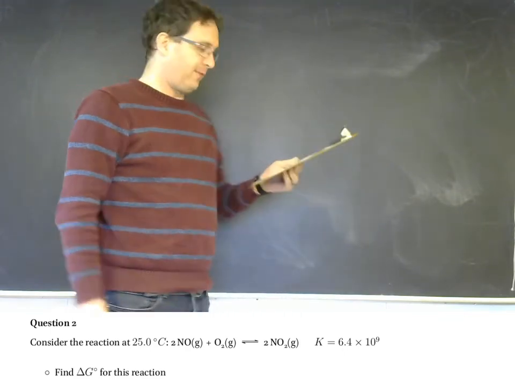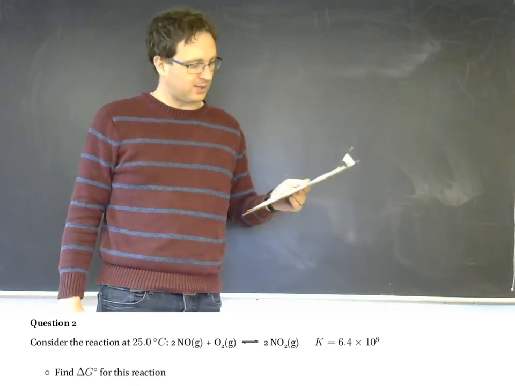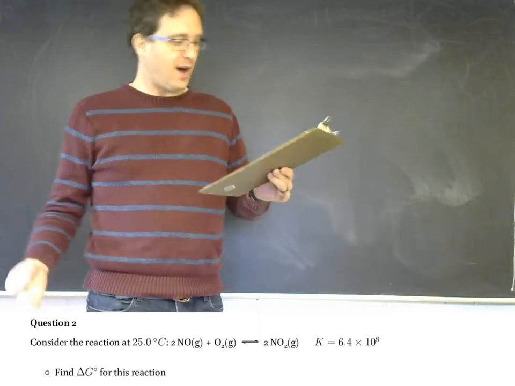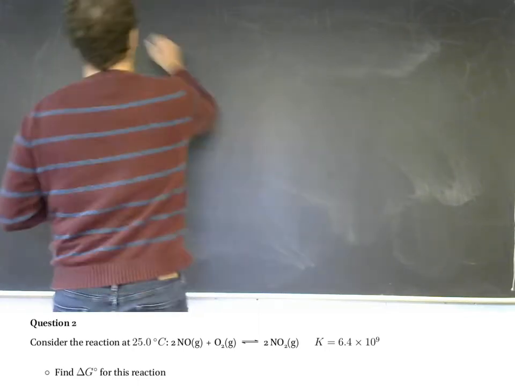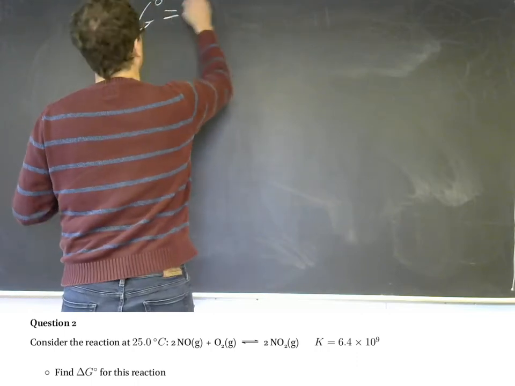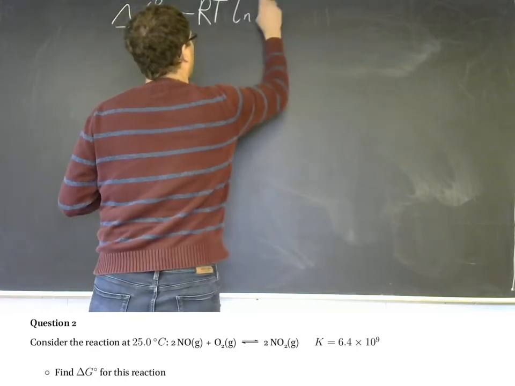And we're given a value for its equilibrium constant K equal to 6.4 times 10 to the 9th. Can we find delta G naught for this reaction? So delta G naught is equal to negative RT times the natural log of K.